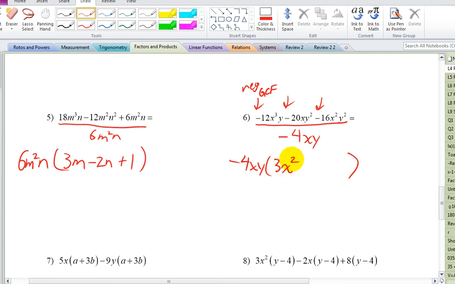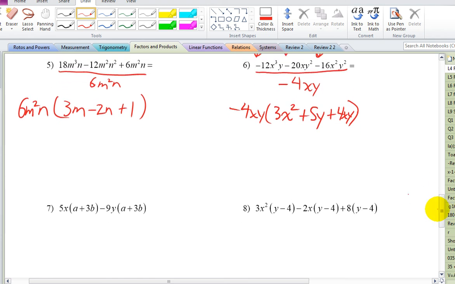Taranjeet, what's the middle term? Good. Watching those signs. And Jared, what's the last one? Good. Okay. Is it hard? Not too hard. Do you have to be careful? Absolutely. Okay. This stuff, you can't make a mistake. You gotta be perfect with it. We call these Mr. Barker questions, right? You gotta be perfect with it.